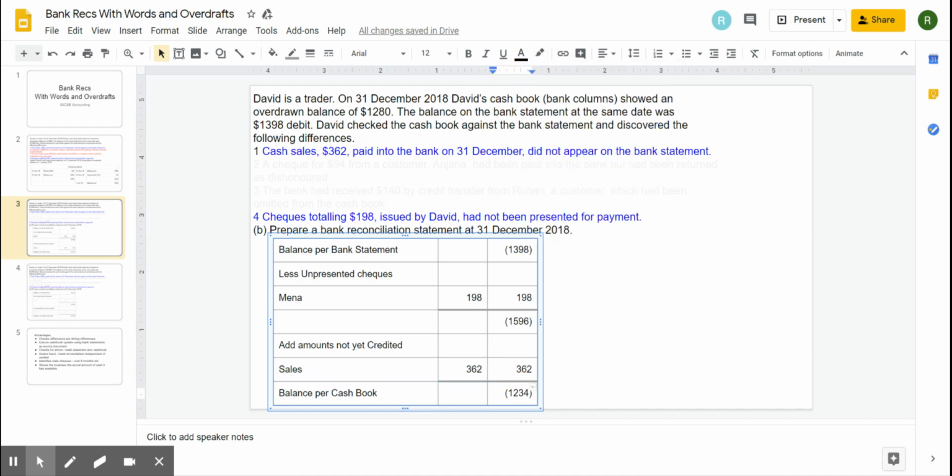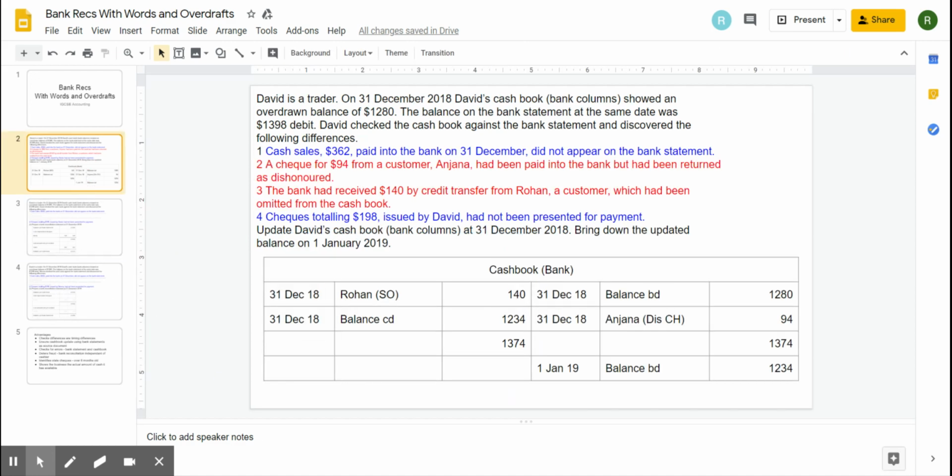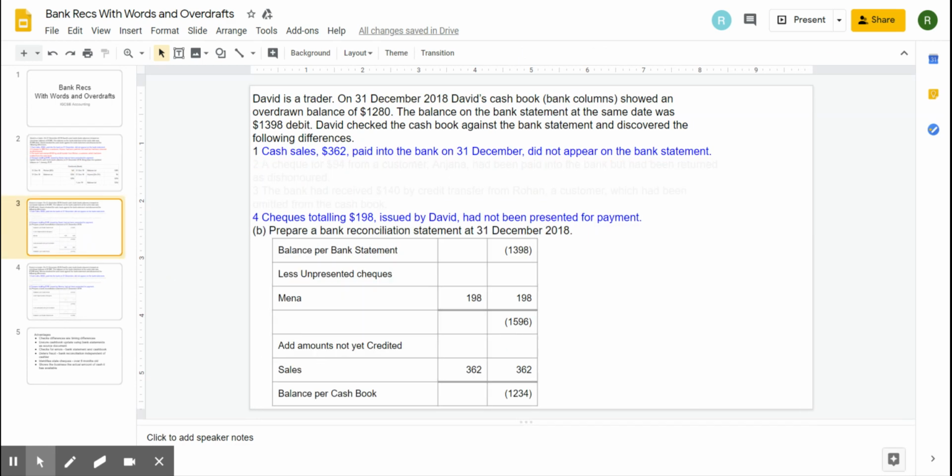And what we can now see is that the balance as per the updated cash book is 1,234. The balance per the bank statement is 1,398 as an overdraft, and therefore the bank statement and the cash book have been reconciled.